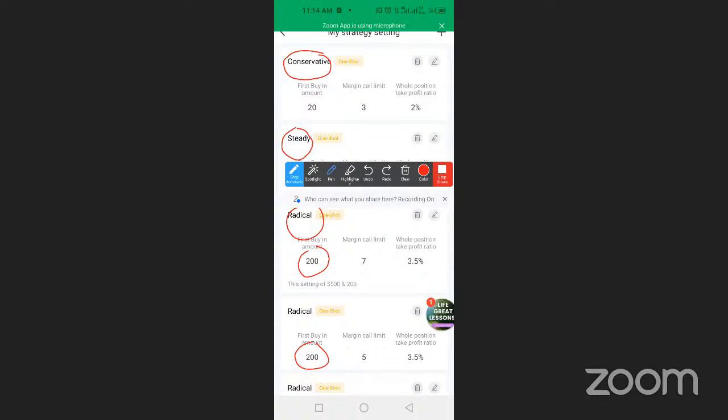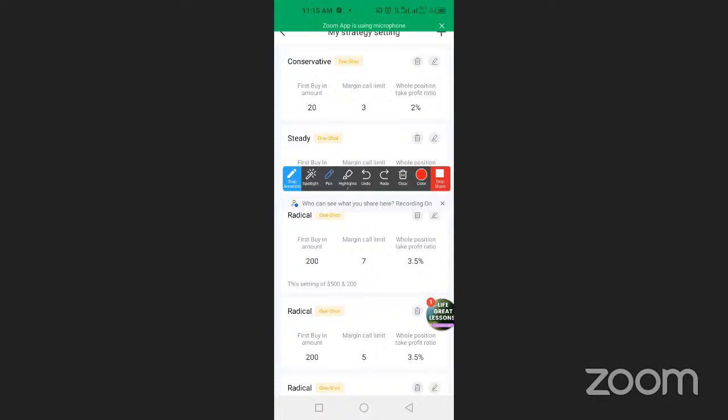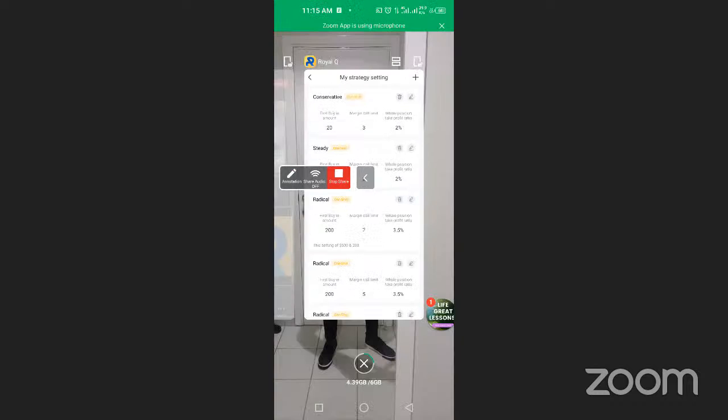I just click there and then click start. So that is that. You can also save it and keep it in your phone, so that any point in time, any setting comes in this manner, you can quickly go and get it done.